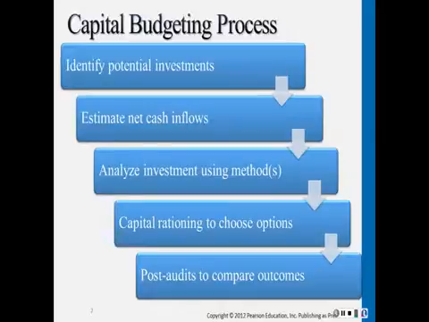Some companies can pursue all of the potential investments that meet or exceed their decision criteria. However, because of limited resources, other companies must engage in capital rationing and choose among alternative capital investments. Based on the availability of funds, managers determine if and when to make specific capital investments.